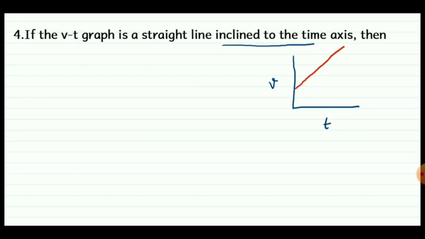So we can draw this line anywhere, but we have to draw it so that it makes an angle with the time axis. Suppose initially, from where it has started, this line is showing it has some initial velocity. From different points we can find different values of velocity.